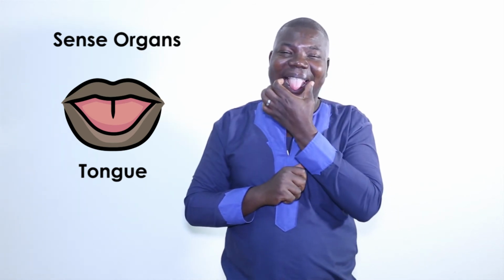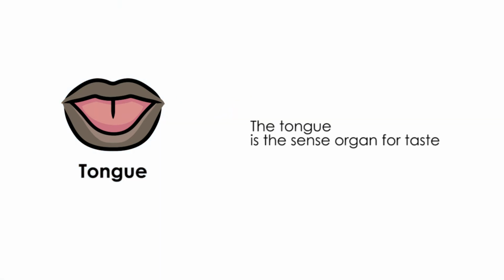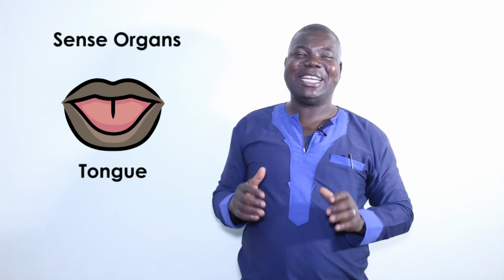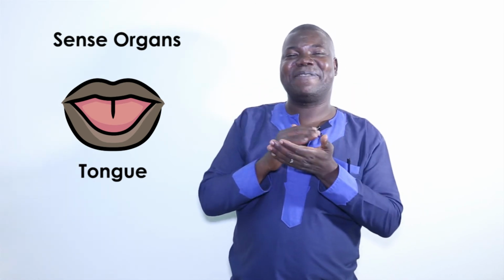It is the tongue. So the tongue is a sense organ for taste. T-A-S-T-E. Is that okay? So the taste may be sweet, salty, or bitter; all those are different tastes.